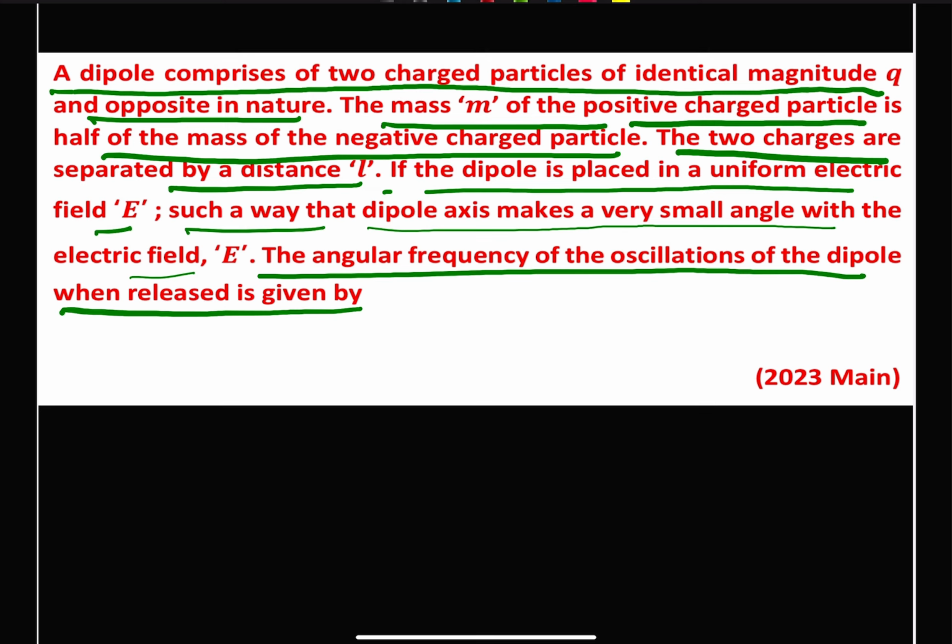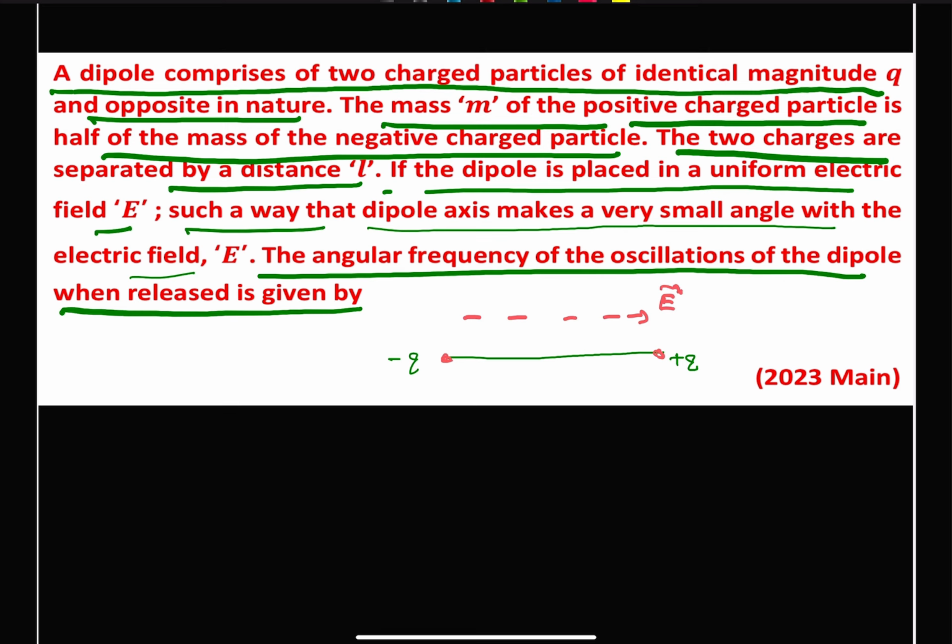So let me plot an approximate figure for that. This is our, suppose, minus Q, and we have charge of plus Q at the other end, and our electric field is towards right.